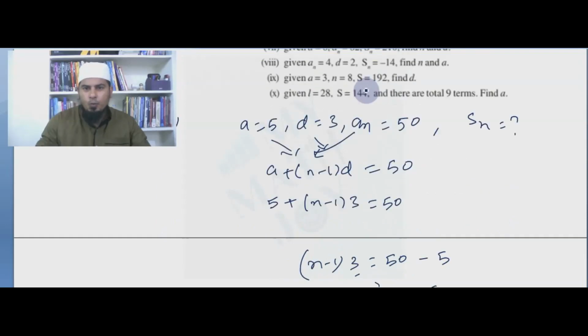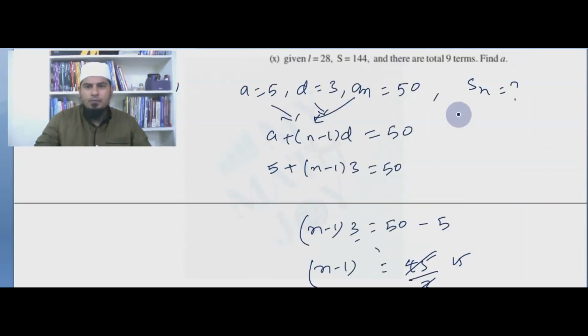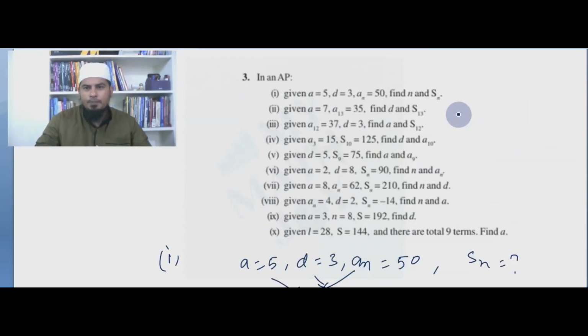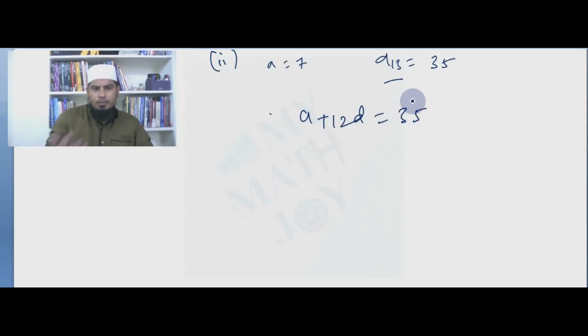If A7 is given and A13 is 35, how can we solve this question with this? Okay, find D and A13. The second bit is in this fashion. We know A13 is A plus 12D, A15 is A plus 14D, A99 is the 99th term, A99 is A plus 98D.